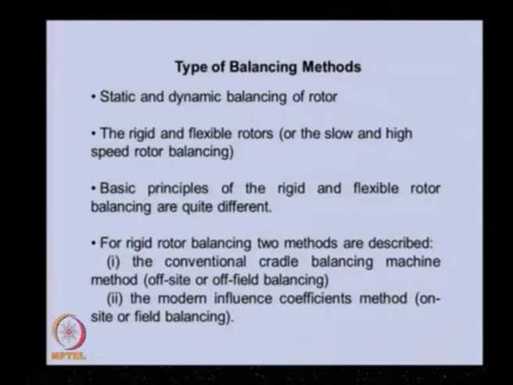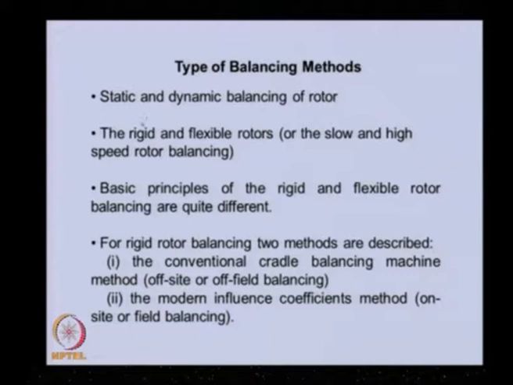In dynamic balancing, as the name implies, we need to rotate the rotor at a certain RPM, so that the effect of unbalance comes into the rotor in the form of centrifugal force, and that will give the idea about the balance condition of the rotor, and based on that we can balance the rotor.